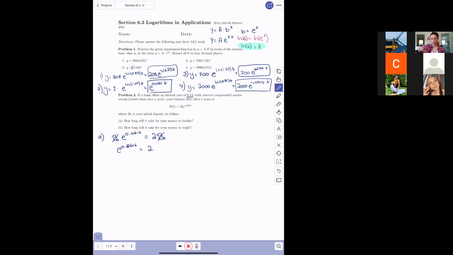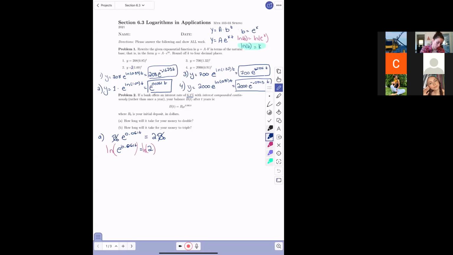Using the properties. Good. So what's the first property I could use? Is it the first one? Yep, so we could take the natural log of both sides. And so what happens is the natural log and the e end up canceling out.